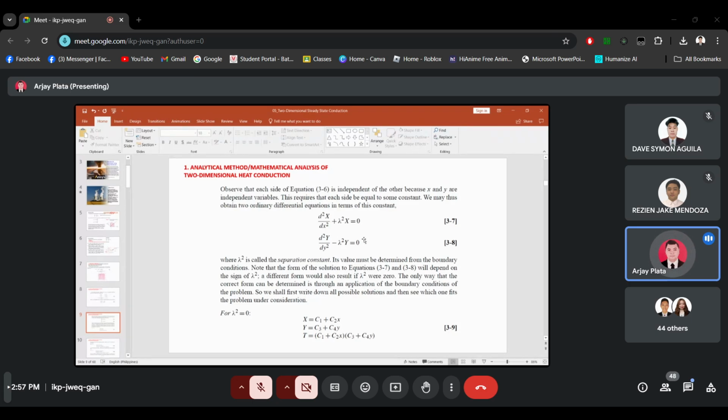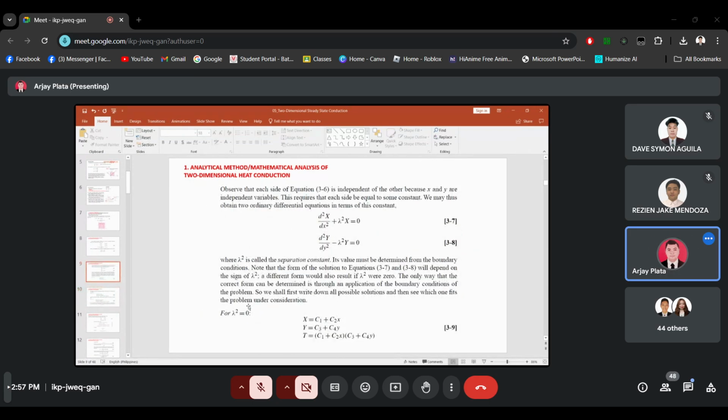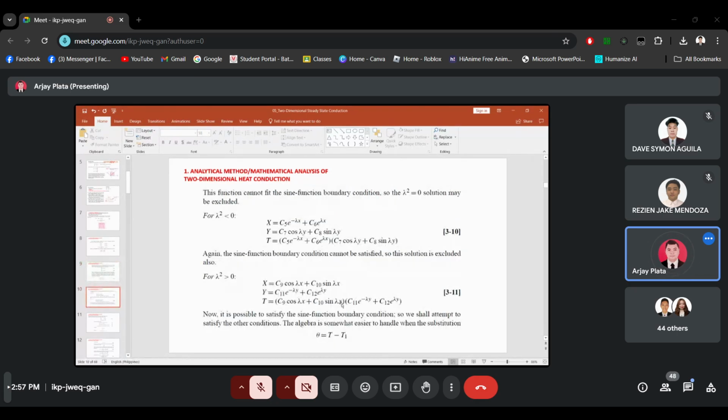Okay, so we have different forms of equation. At lambda squared equivalent to 0, this is our equation 3-9. When lambda squared is less than 0, we have this equation 3-10. If lambda squared is greater than 0, we have equation 3-11. So it is possible to satisfy the sine function boundary condition.